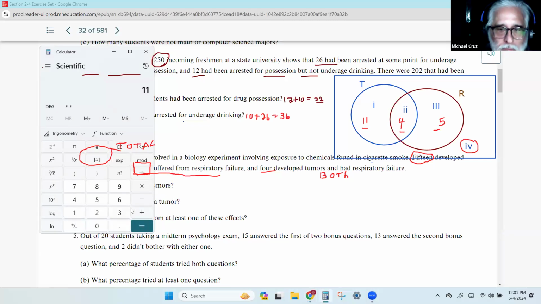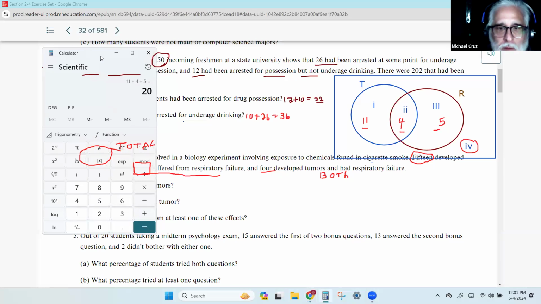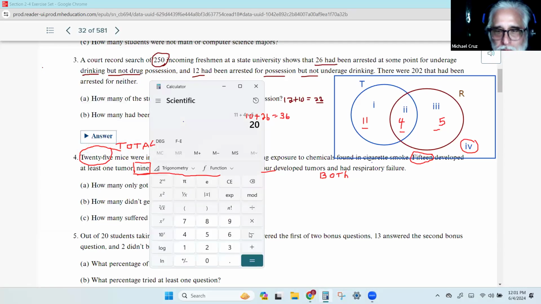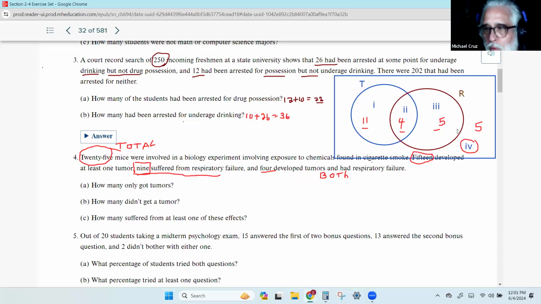That's already in there. So there's 20, and there are 25 mice total. So 25 minus 20 is equal to 5. So 5 is out here as well. Once we got all of these things done or filled in, all 4 regions for the 2 subdivision diagram, we can answer the questions.